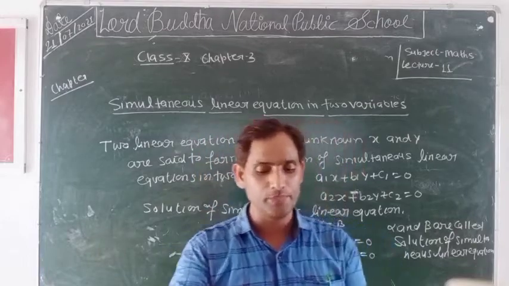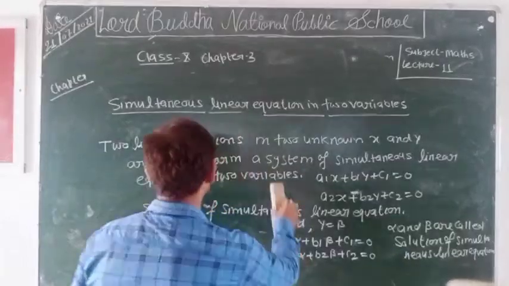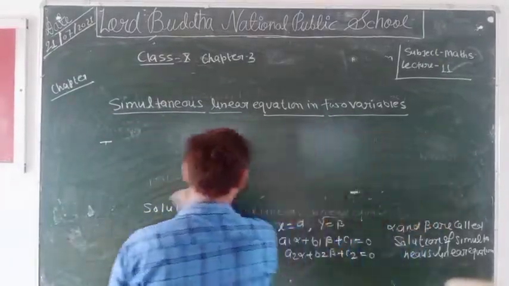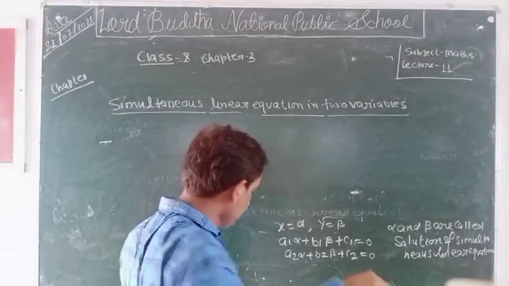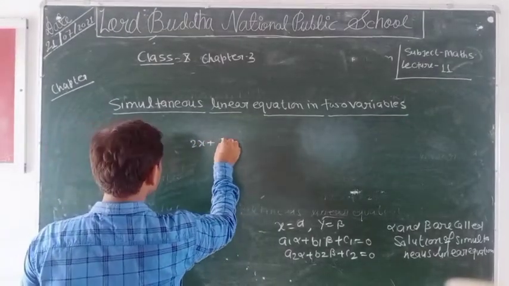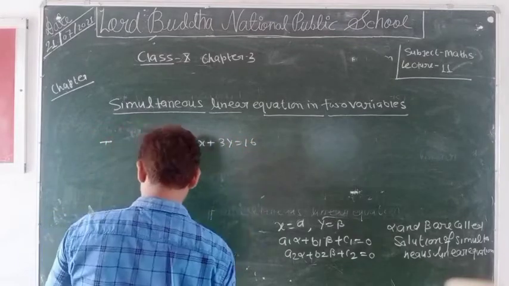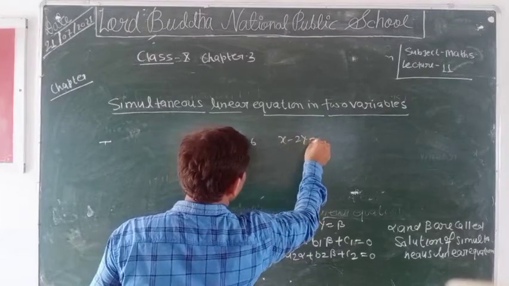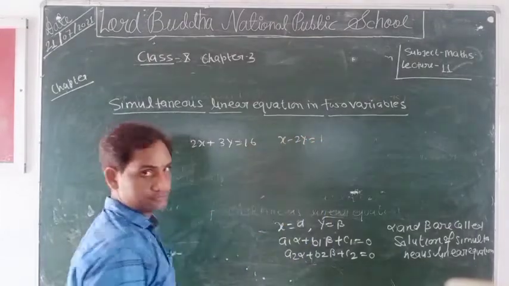One example is that 2x plus 3y equal to 16 and x minus 2y equal to 1.